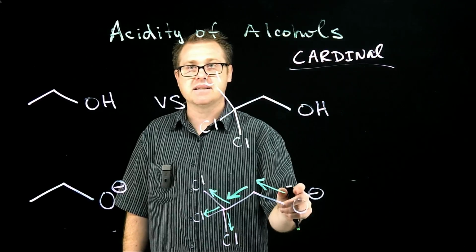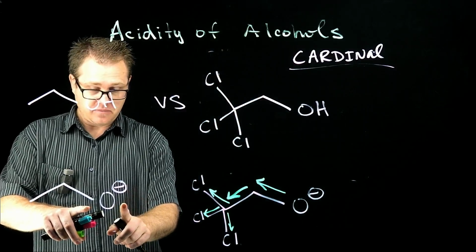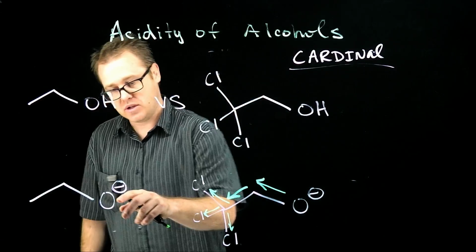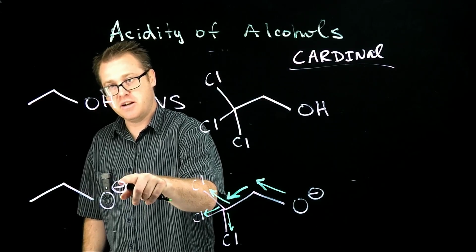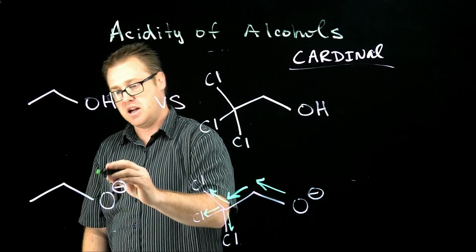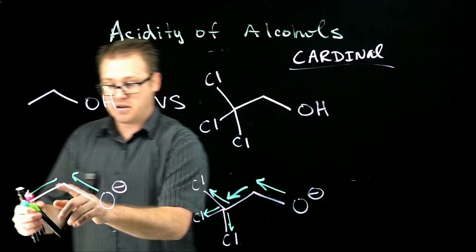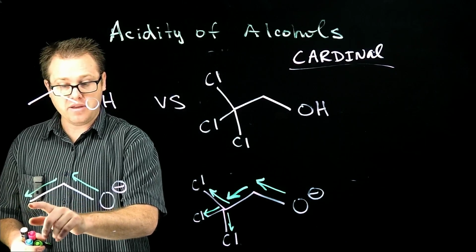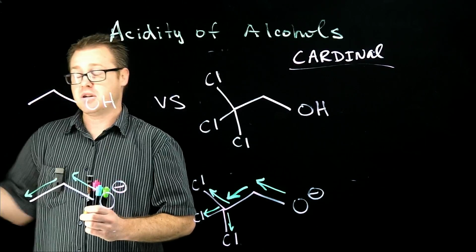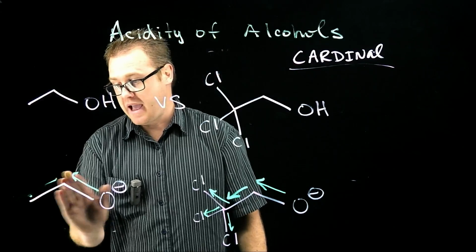And that has a stabilizing effect, because when you take a look at the ethoxide, this negative charge here is localized. It is staying on that oxygen. It does not go through the bonds because there's nothing on these atoms right here that's pulling electron density. There's no electronegative atoms. So that is not happening.